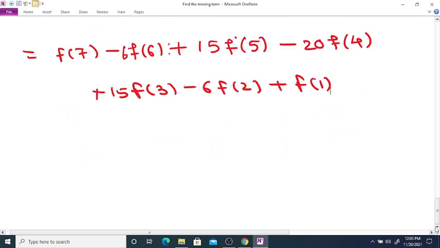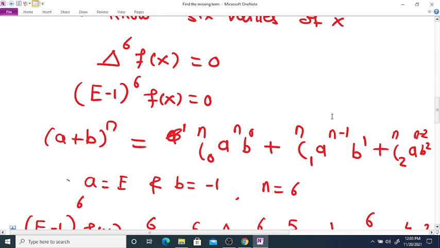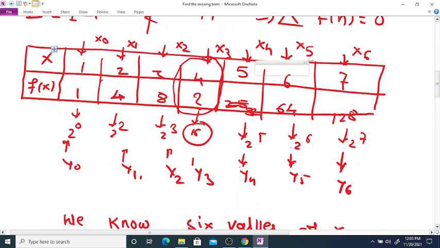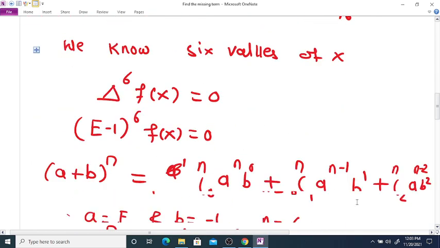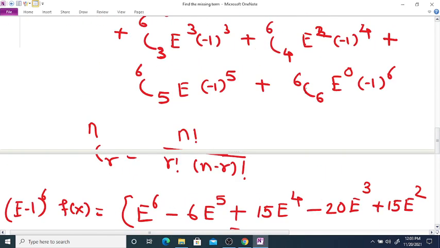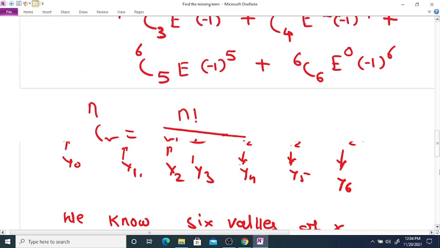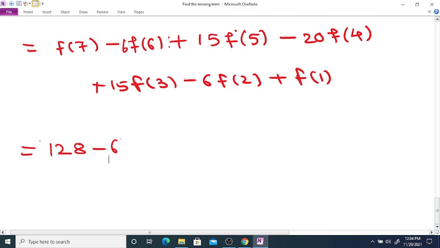So what is f of 7 here, when x is equal to 7? F of 7 is 128. If we put this value, then we get 128 minus 6 times f of 6. From the table, when x is 6, f of 6 is 64.